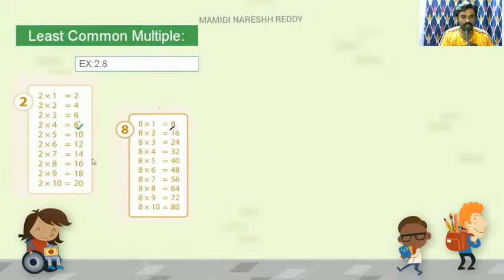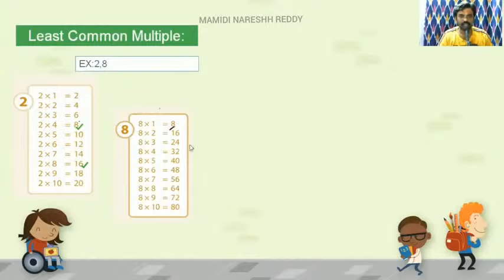One more number is 16. We know that all even numbers are multiples of 2, so all multiples of 8 are multiples of 2. For example, 24 is 2 12s, and 32 is 2 16s. That's why every even number is a multiple of 2.